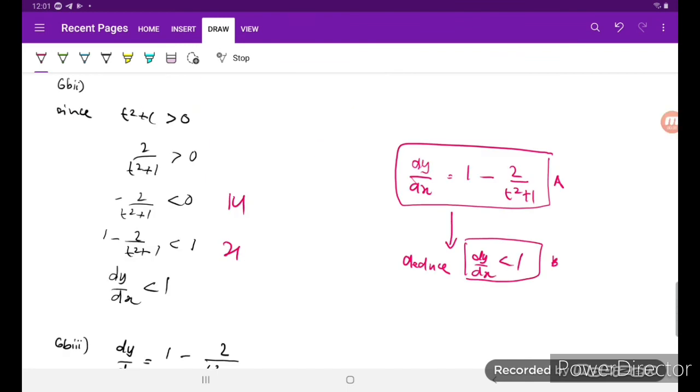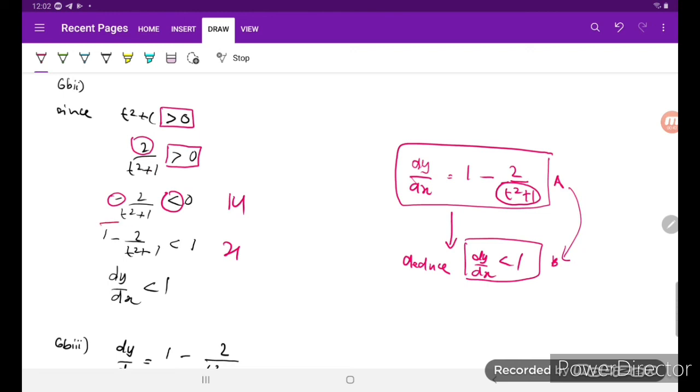Okay, for question 6B2, the question wants us to deduce from A to B. So we should start from this part. Because t squared can never be 0, plus 1 should be greater than 0. So when we put 2 as the numerator, 2 divided by t squared plus 1, which is greater than 0. When we put negative in front, we change the sign, and then we put 1 on left hand side and right hand side.